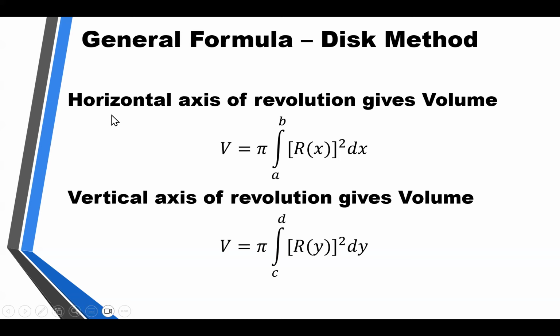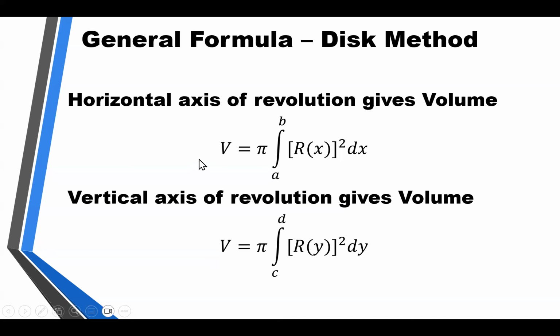So if we are rotating around a horizontal axis of revolution, then the volume using the disk method can be found by pi times the integration from a to b of a radius squared. That radius is going to depend on what value of x we are at, so we call it capital R of x.